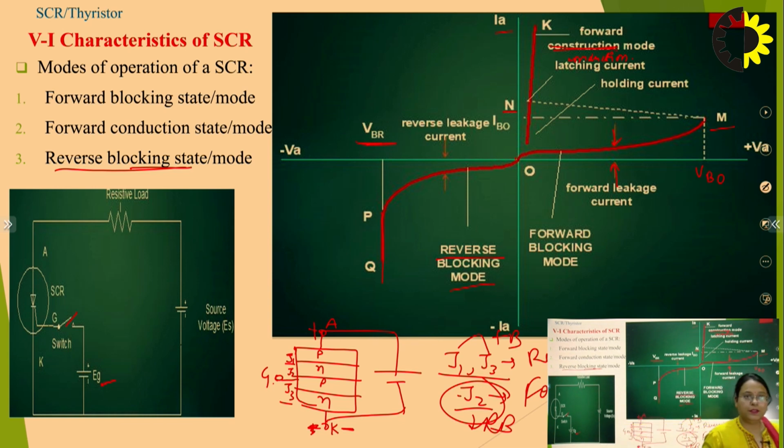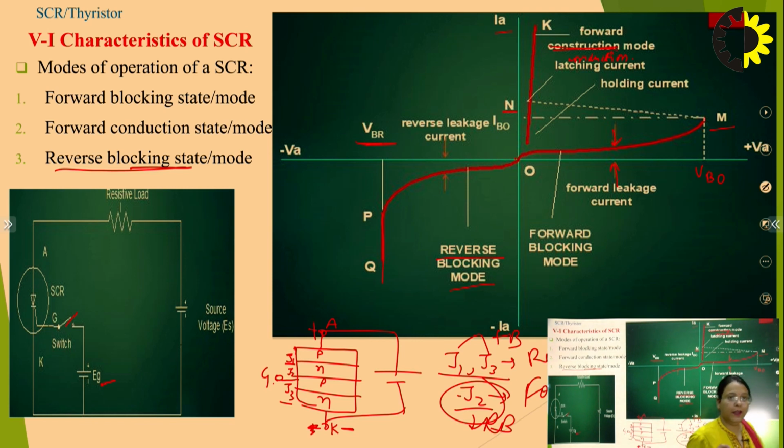Here you can see a very small voltage drop across the device with a very high current, and as the value of the anode current increases, the voltage drop slightly increases across the device.